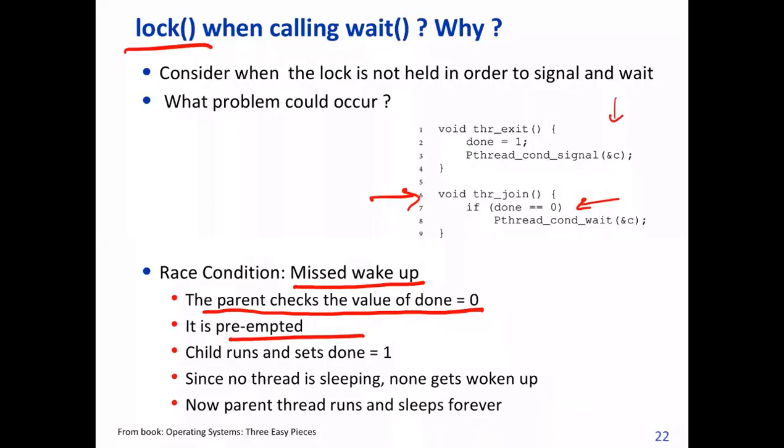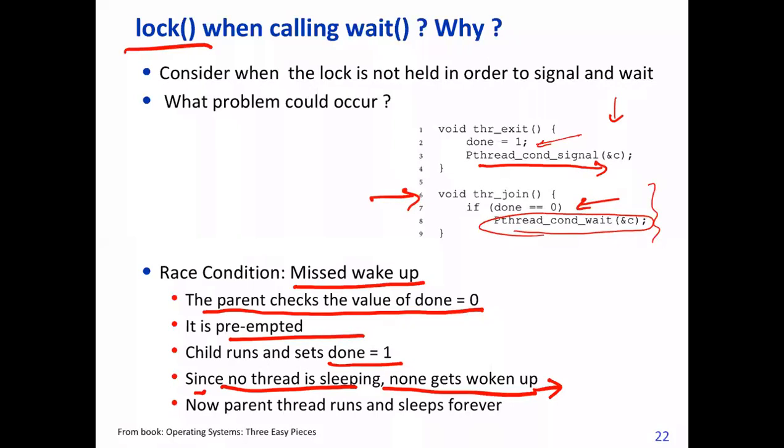Now the child will set done equal to 1, and then it will run this one, and now says no thread is sleeping, no one gets woken up, because this thread has not even executed this statement, so it will not be woken up.